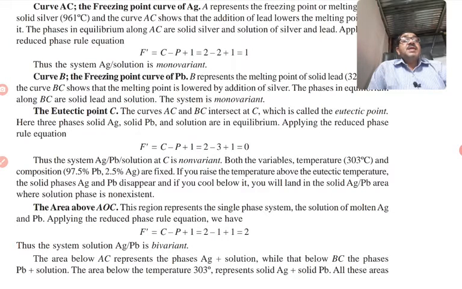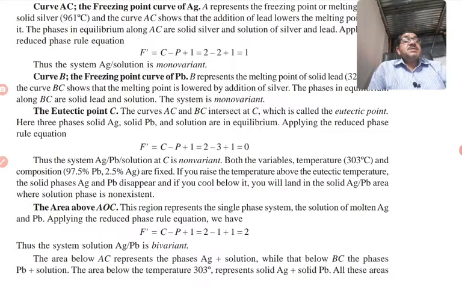Next is the eutectic point C. The curves AC and BC intersect at C, which is called the eutectic point. Here three phases, solid Ag, solid Pb and solution, are in equilibrium. Applying the reduced phase rule equation, f dash is equal to C minus P plus 1, which gives 2 minus 3 plus 1 is equal to 0, which means the system Ag Pb solution at C is non-variant.